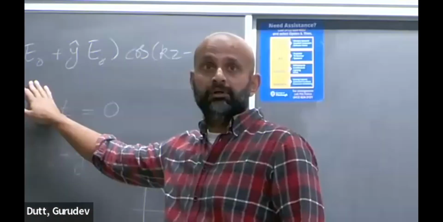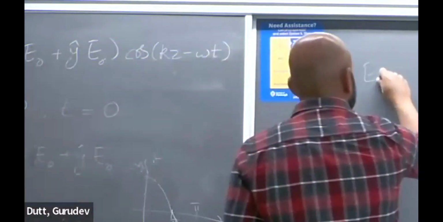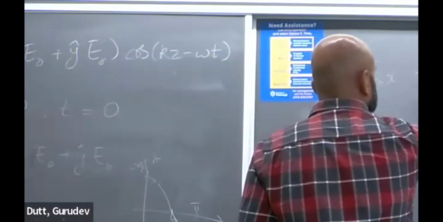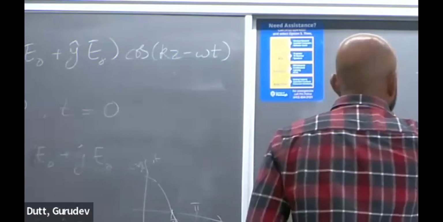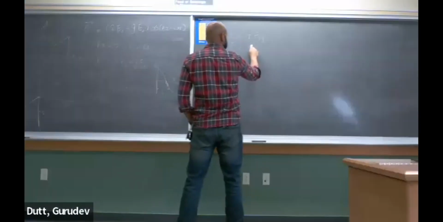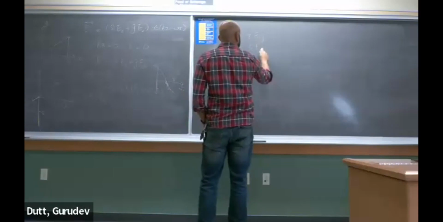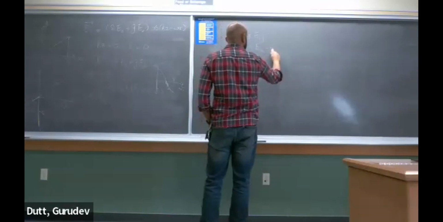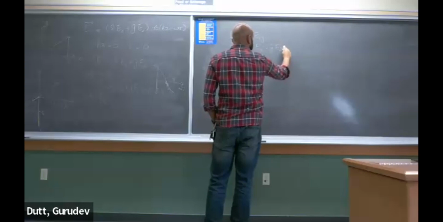Now, of course, if E naught x and E naught y were not equal to begin with, you can say this angle will change. So if E naught x is not equal to E naught y, then we have to write this E as x hat E naught x plus y hat E naught y.